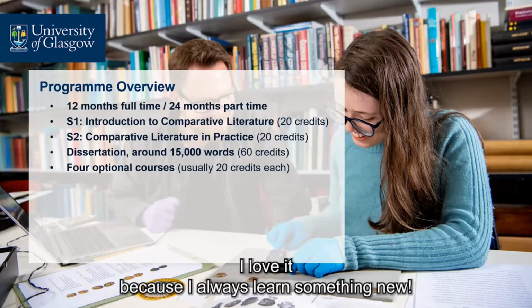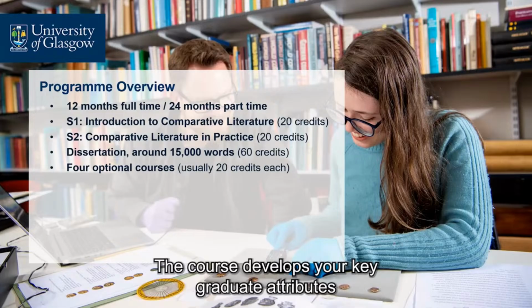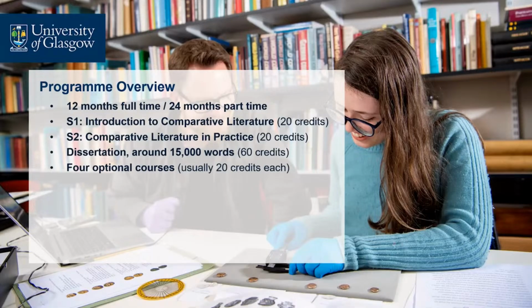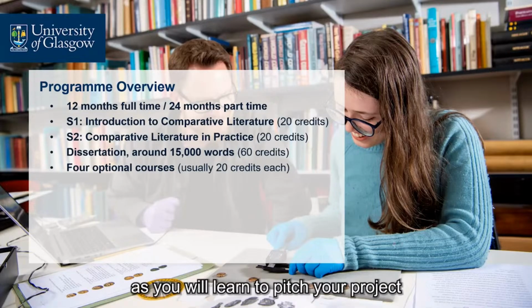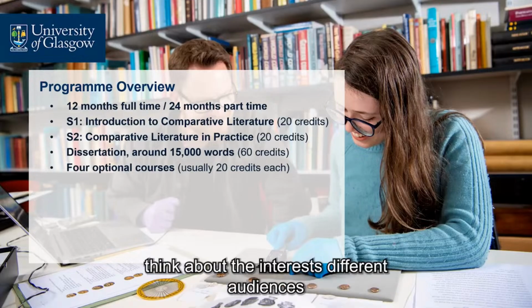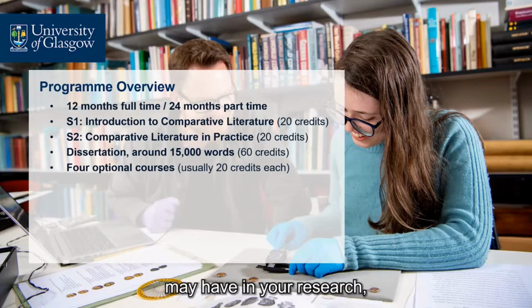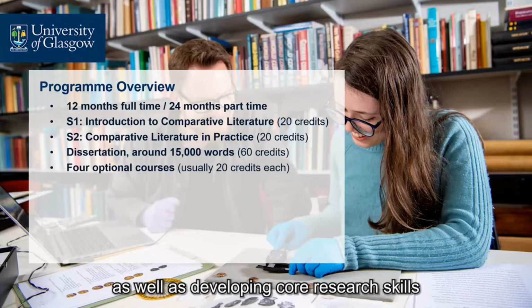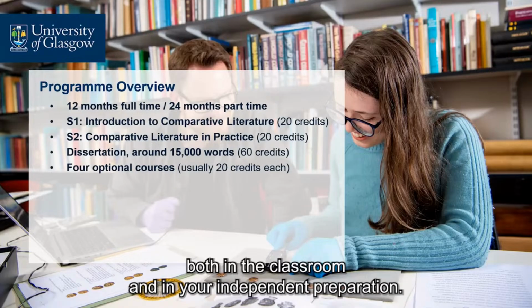I love it because I always learn something new. The course develops your key graduate attributes as you will learn to pitch your project for a funding application, think about the interests different audiences may have in your research, as well as developing core research skills, both in the classroom and in your independent preparation.